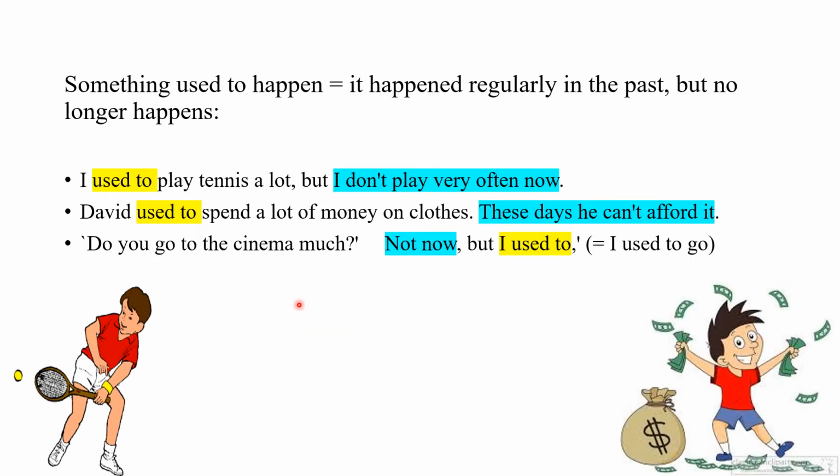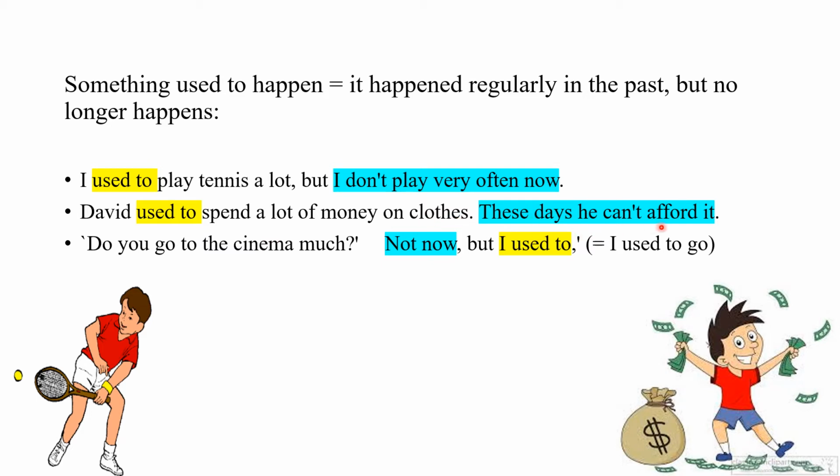Used to can be used for a situation which was regularly happening in the past but no longer happens in the present. Like, I used to play tennis a lot, but I don't play very often now. It means that I used to play tennis in the past, but now I can't play it. Similarly, David used to spend a lot of money on clothes.